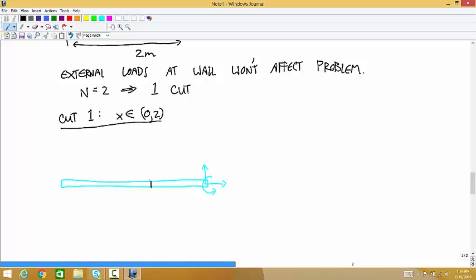And we're going to just cut some arbitrary distance in here. So this is the piece that we're isolating. So all this stuff is going on outside of what we care about. But all we care about is the part of the distributed load acting on this black isolated piece.